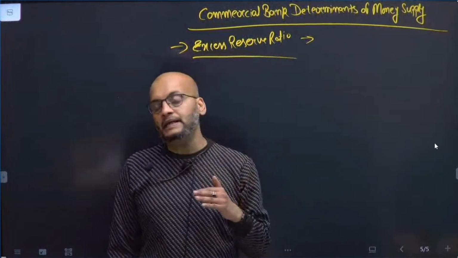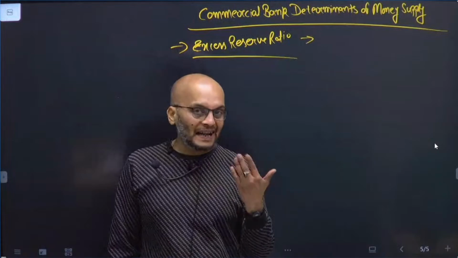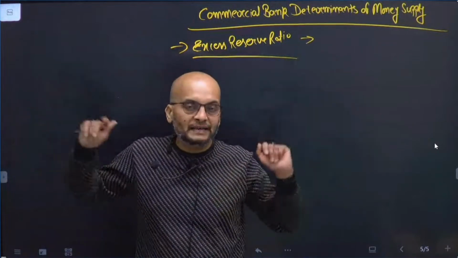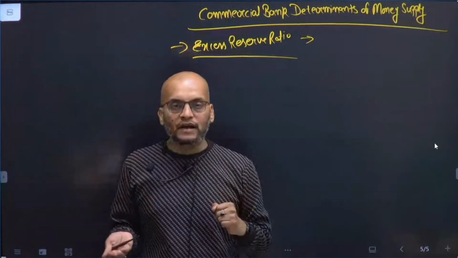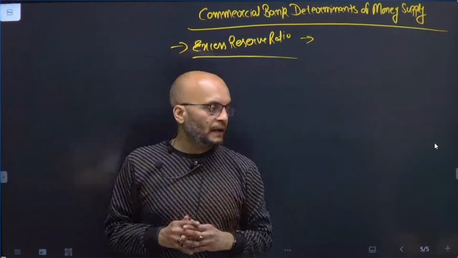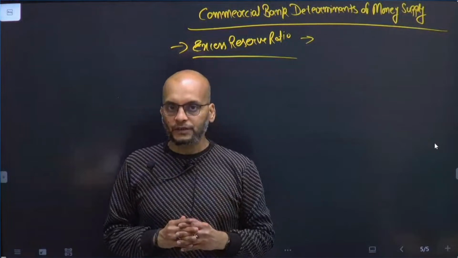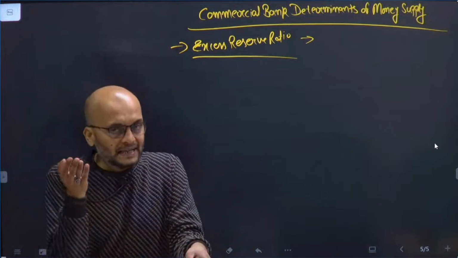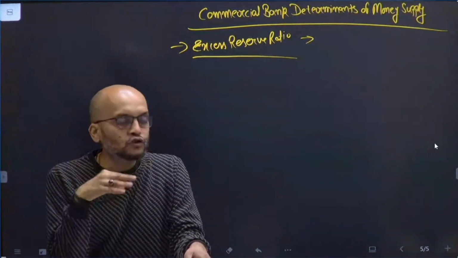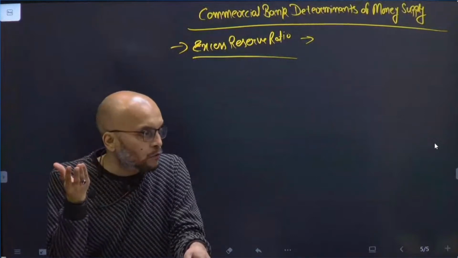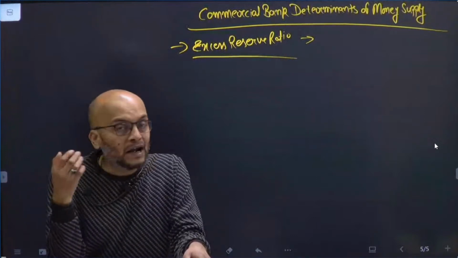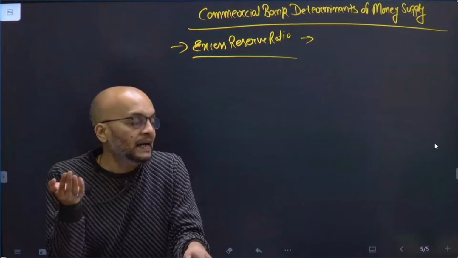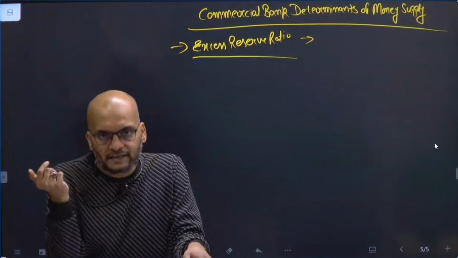And if lesser money is lent out, then lesser money will fluctuate in the market. Lesser fluctuation means lower money supply. And just the opposite, if excess reserve ratio is less, more money is available to be lent out, and banks can easily lend out higher quantity of money, thereby more money will be there in the market, and hence money supply increases.